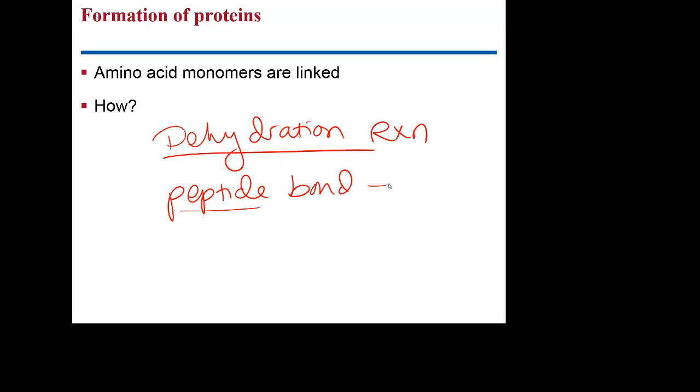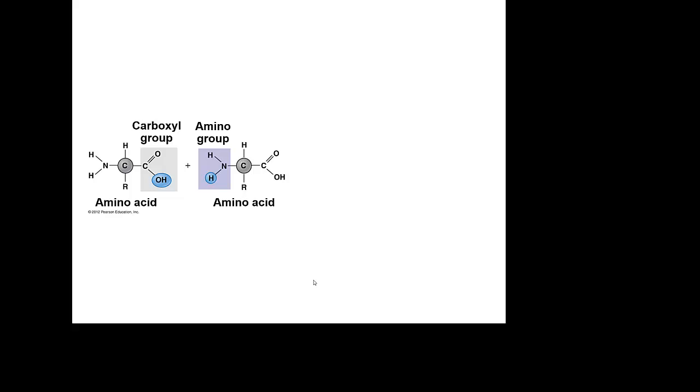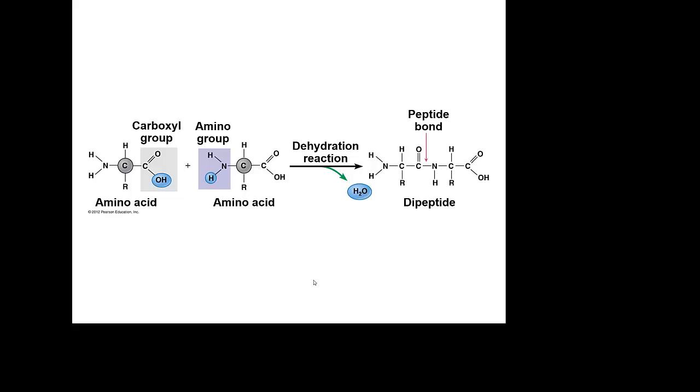The peptide bond is how we get the term polypeptide. So it's many peptide bonds that hold this protein together. So we take two amino acids, we join them together through a dehydration reaction. In this case, now we have a dipeptide or two peptides put together.